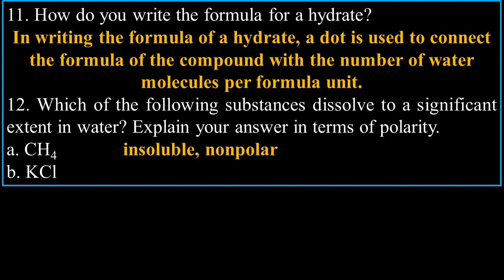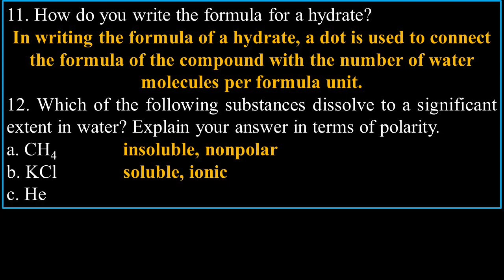Potassium chloride is extremely soluble, and a very important part of your ability to metabolize certain foods. I mean, your whole metabolism is keyed to ions such as potassium and chloride.